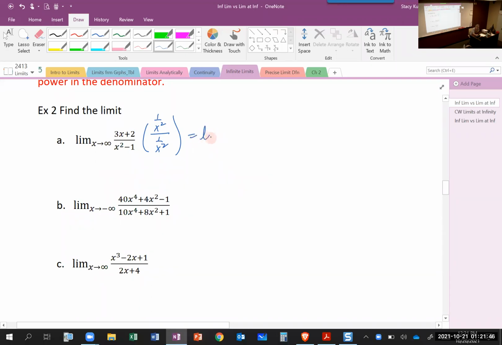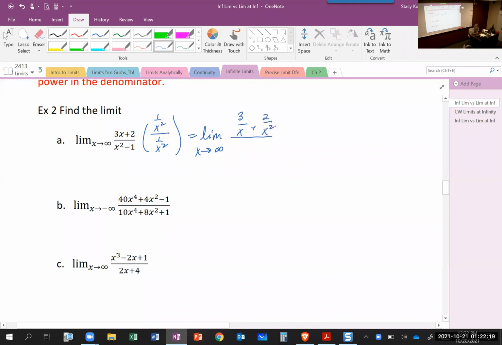So when I do that, I'm taking the limit as x approaches positive infinity. In the numerator, 3x divided by x squared is just 3 over x now, isn't it? X over x squared reduces down by 1. Plus 2 times 1 over x squared, that's just 2 over x squared.